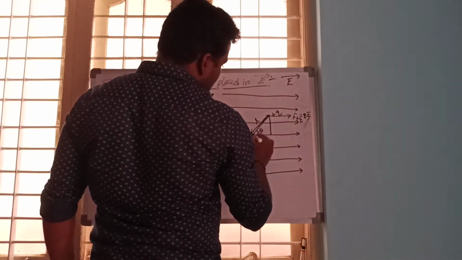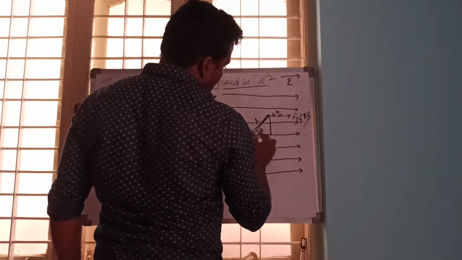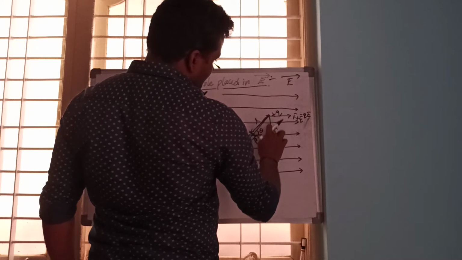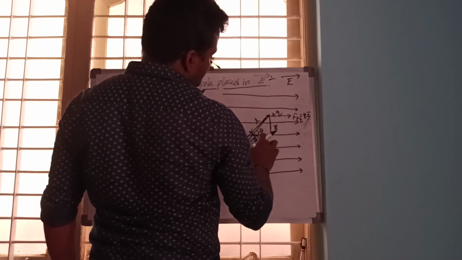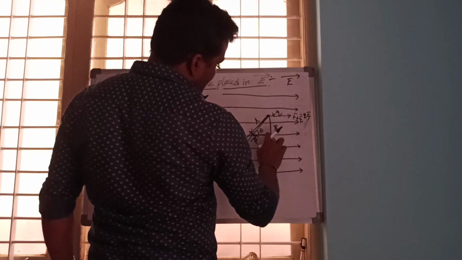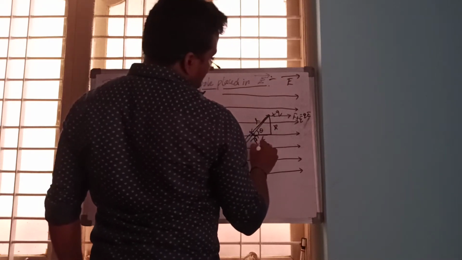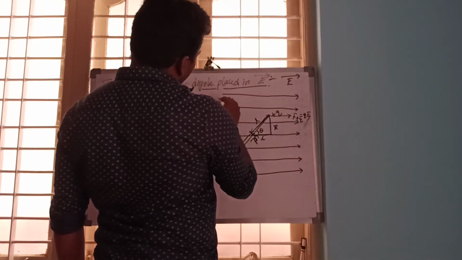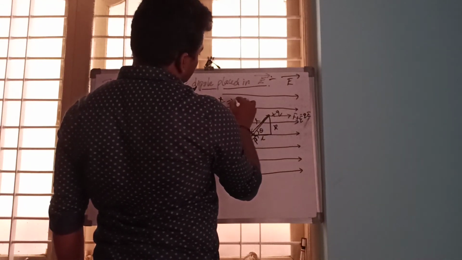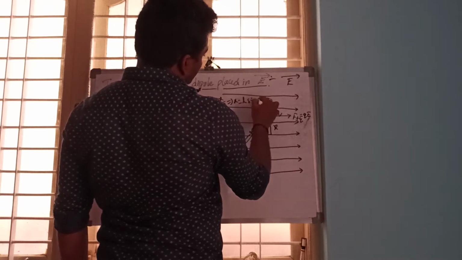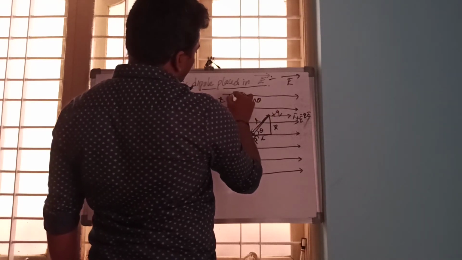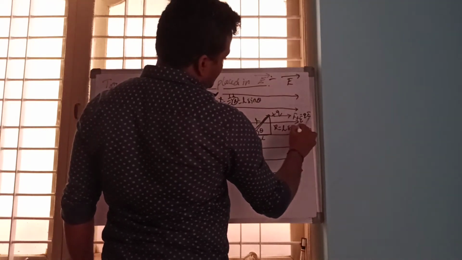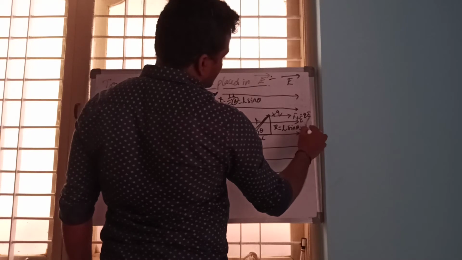So this will make some moment arm X. From here to here it will come here, and this will get aligned here. So this will be L. So sin theta equals X by L, where X equals L sin theta. X is nothing but the perpendicular distance. So this will be L sin theta, which is equal to the perpendicular distance.